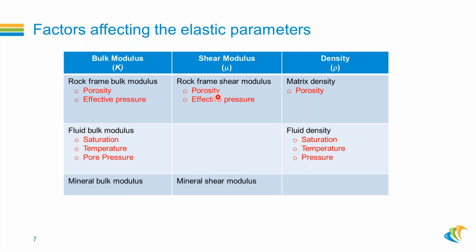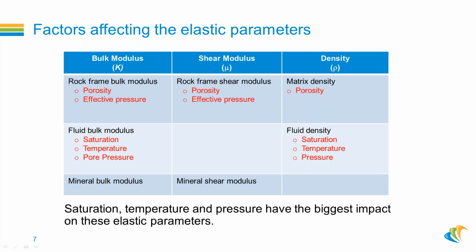For the shear modulus as well, we have the effects on the rock frame, the skeleton of the rock, which is coming from the porosity and effective pressures, and also the mineral shear modulus is also having a good effect on the shear modulus of the rock. And density, as you know, the matrix density or the mineral density and also the fluid inside the rock is affecting the density. But this saturation, temperature, and pressure have the biggest impact on these elastic parameters.